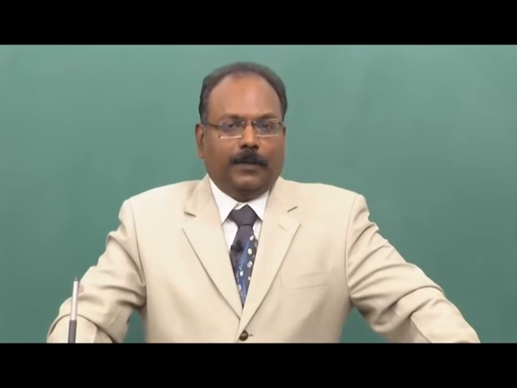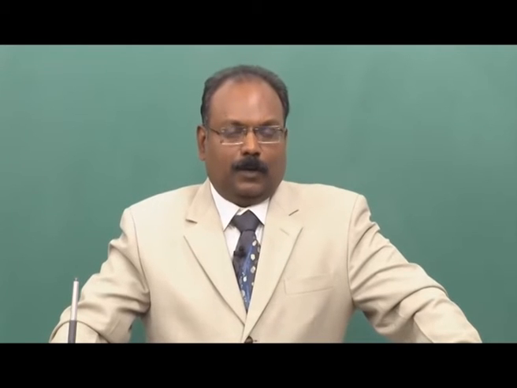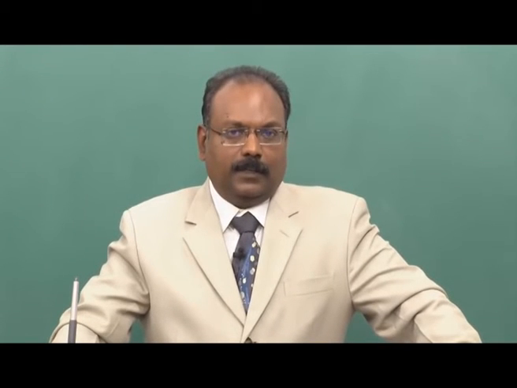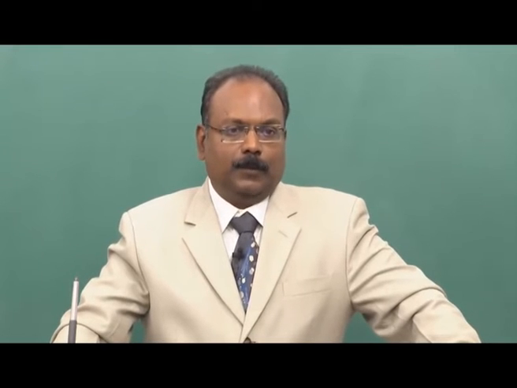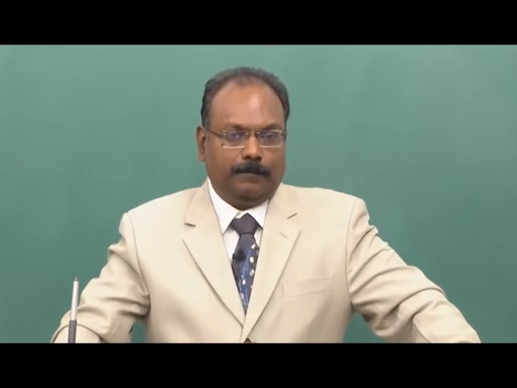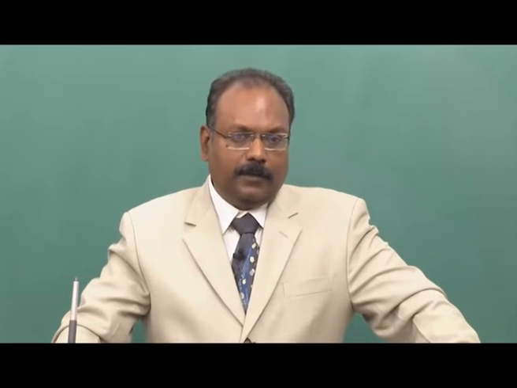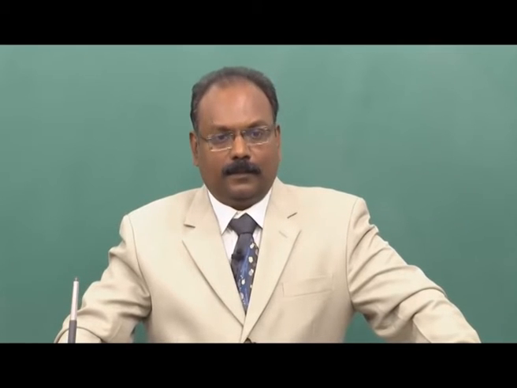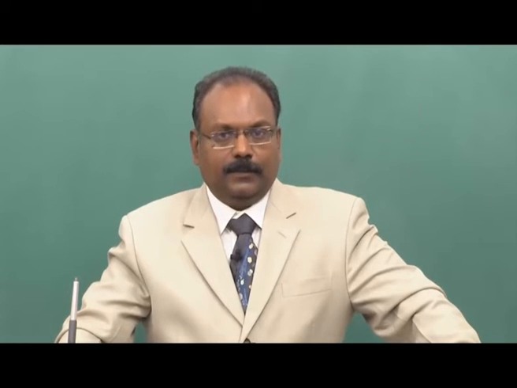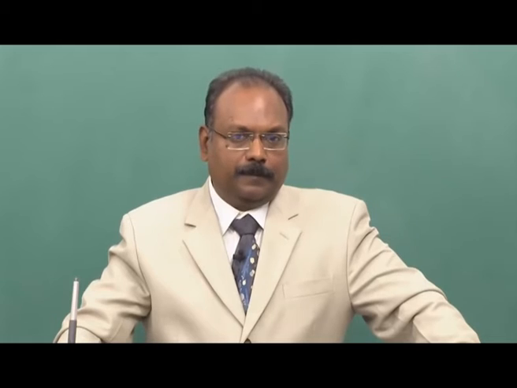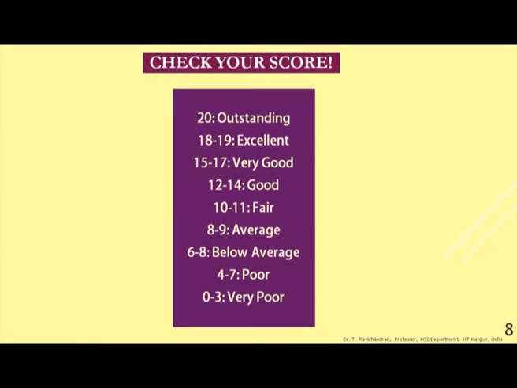If you got 20 out of 20, you are outstanding. So, your English skills are already at a superior level, you only need to polish it. If you are either 18 or 19, it is still excellent. If you are between 15 and 17, you are very good. If you are between 12 and 14, you are good.